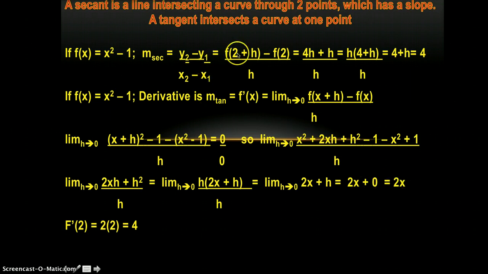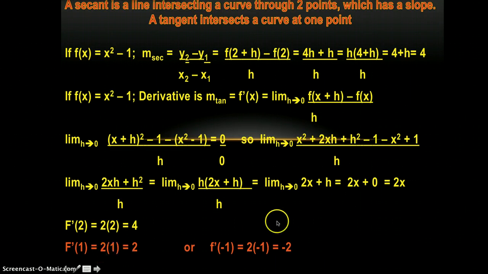So just like up above, I put a 2 in this general derivative or slope equation that I created using the difference quotient. So this actually means that the slope at x equals 2 is 4. So I try it again with the 1. What's the slope at x equals 1?